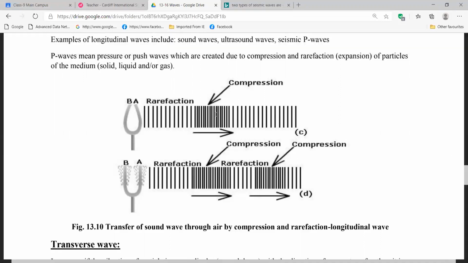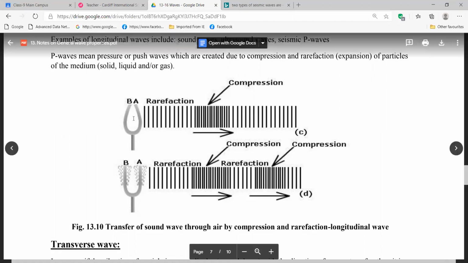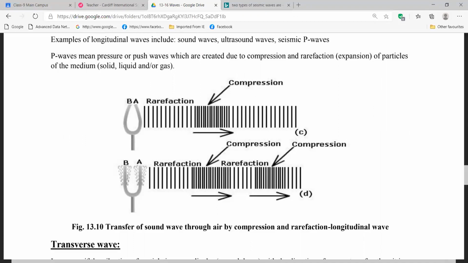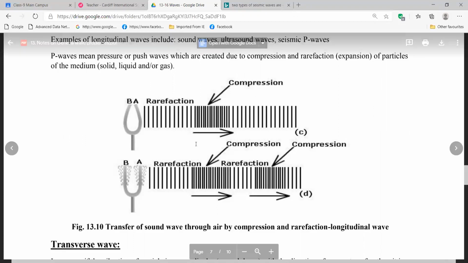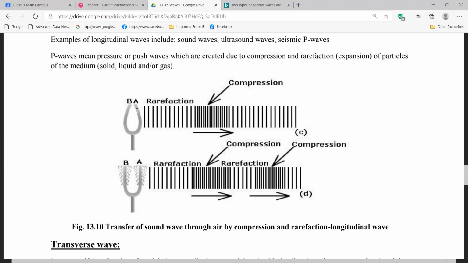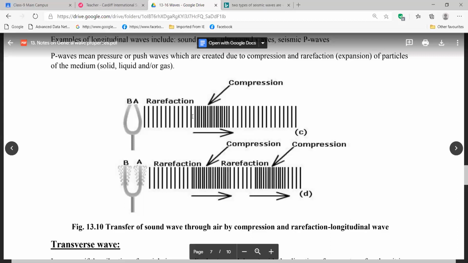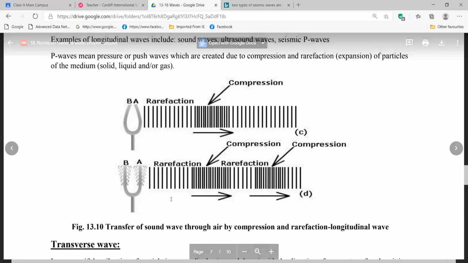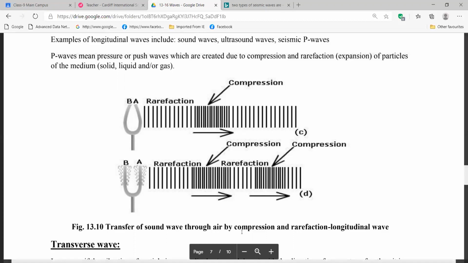This note is uploaded in your Google Classroom. Please check it there. Here is one tuning fork producing sound in the air. We are seeing that the tuning fork is vibrating. Because of this vibration, there is compression and rarefaction in air, and this way the sound wave is traveling to the right side. So transfer of sound wave through air by compression and rarefaction is longitudinal wave.